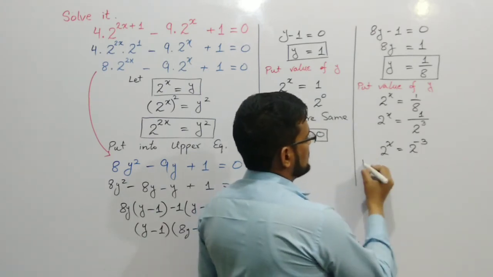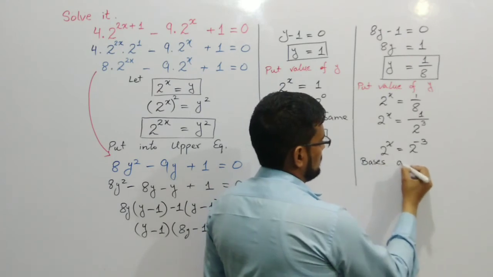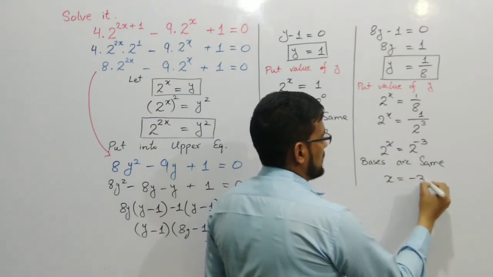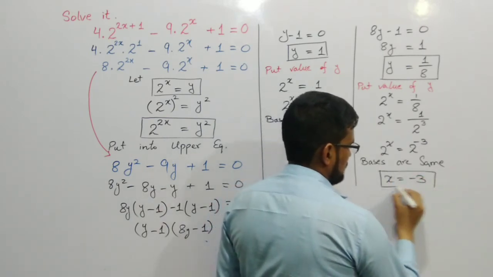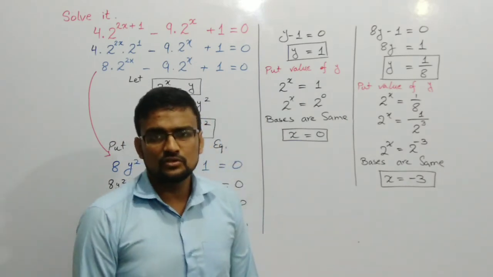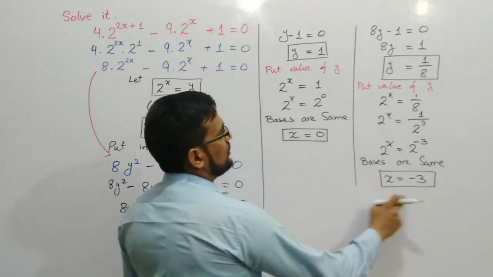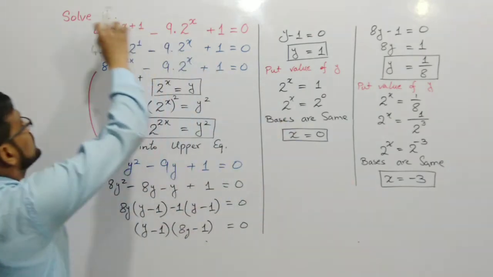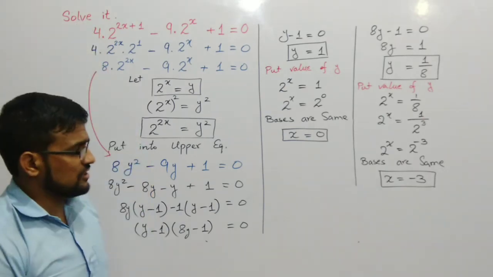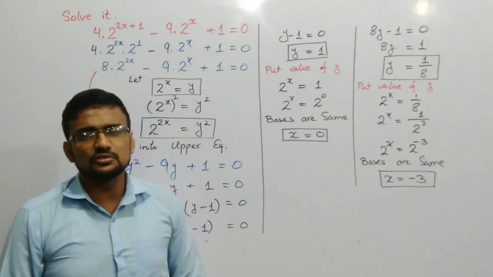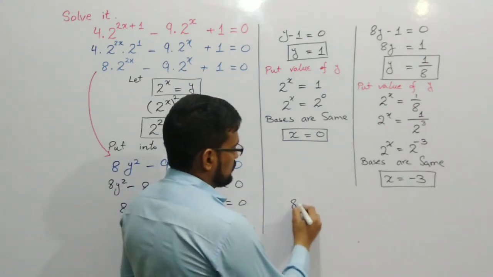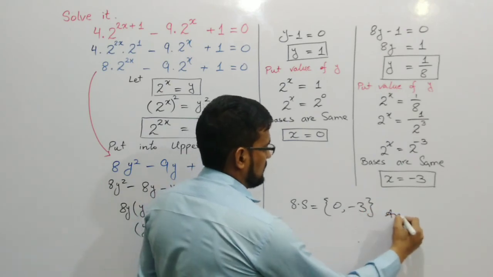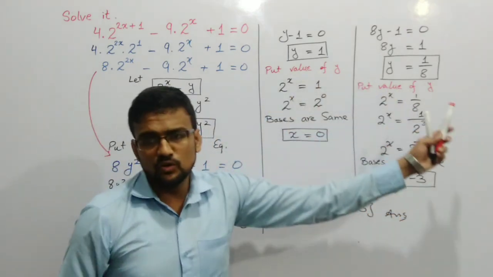Now the bases are the same, so x is equal to minus 3. So x is equal to 0 and x is equal to minus 3: these are the two solutions of this exponential equation. So student, the solution set is 0 and minus 3 only, not 1 and 1 over 8.